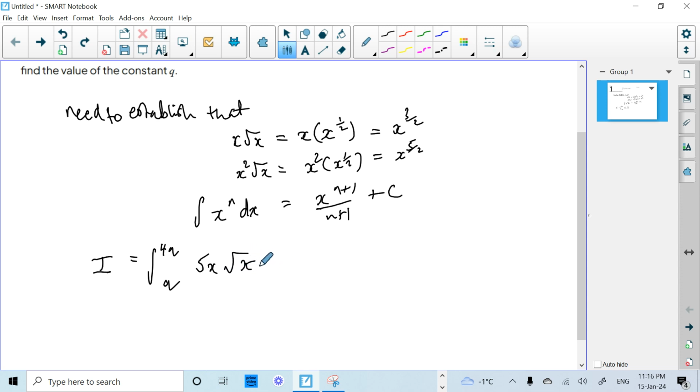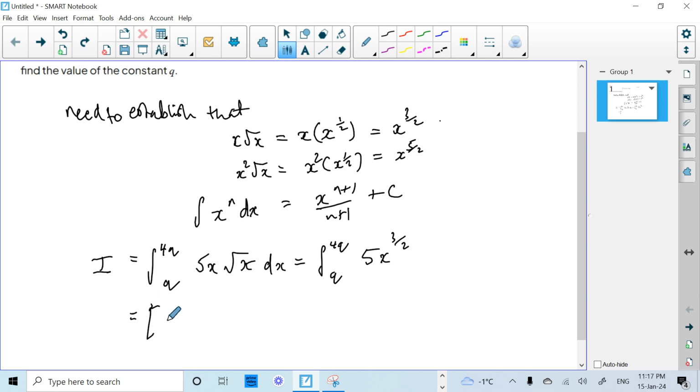And we can now write that as the integral with limits 4q and q of 5x to the power of 3 over 2, because x times the root of x is x to the power of 3 over 2, which is what we had written here.